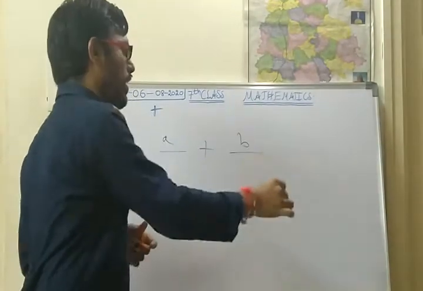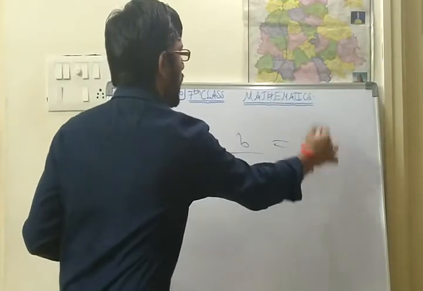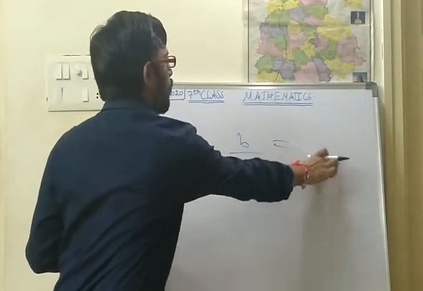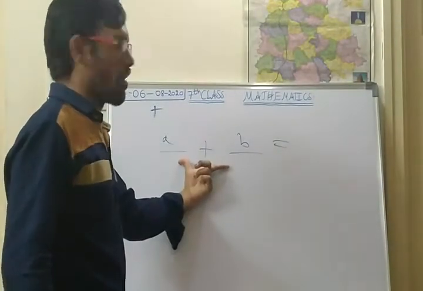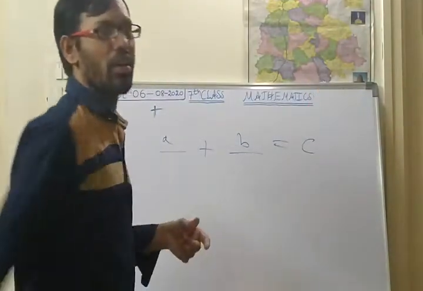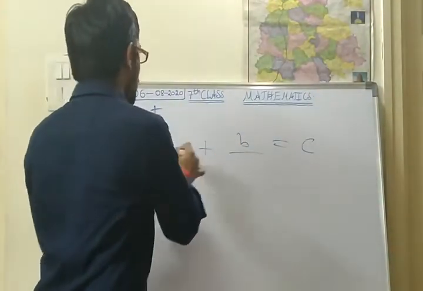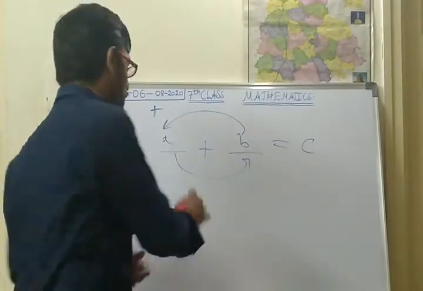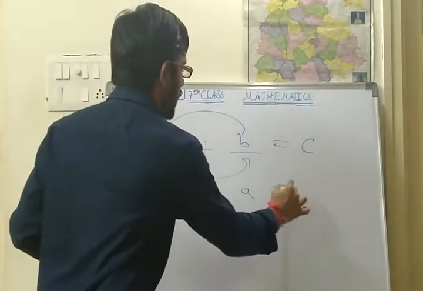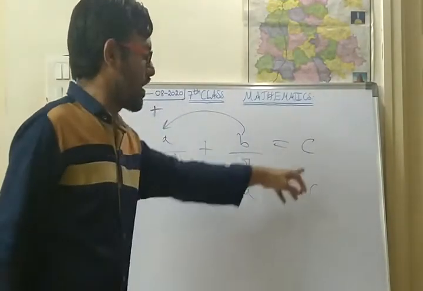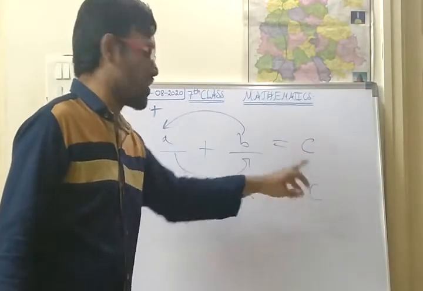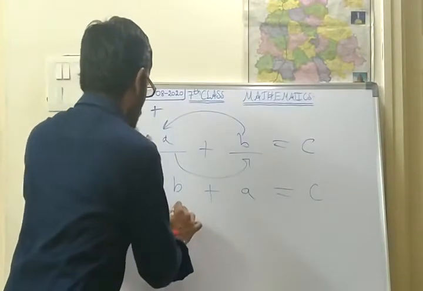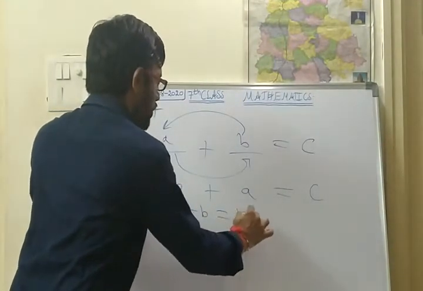That means if we take any two integers, suppose a and b, the result will be a plus b. If we do the addition of two integers and the result is c, then if you interchange the integers, like b plus a, and at that time also the result is the same as the first step, then the commutative property is satisfied, like a plus b is equal to b plus a.